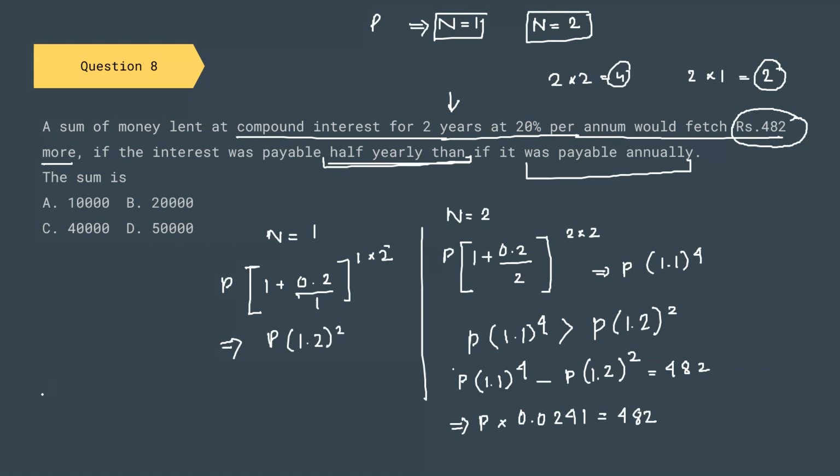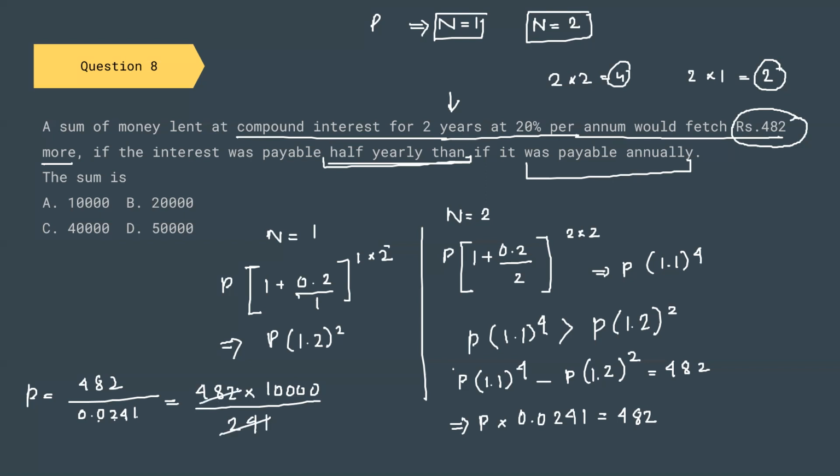Now P equal to 482 divided by 0.0241. Let us think of some ways to simplify it rather than doing raw calculation. 482 into 10,000, that is 4 zeros, divided by 241.